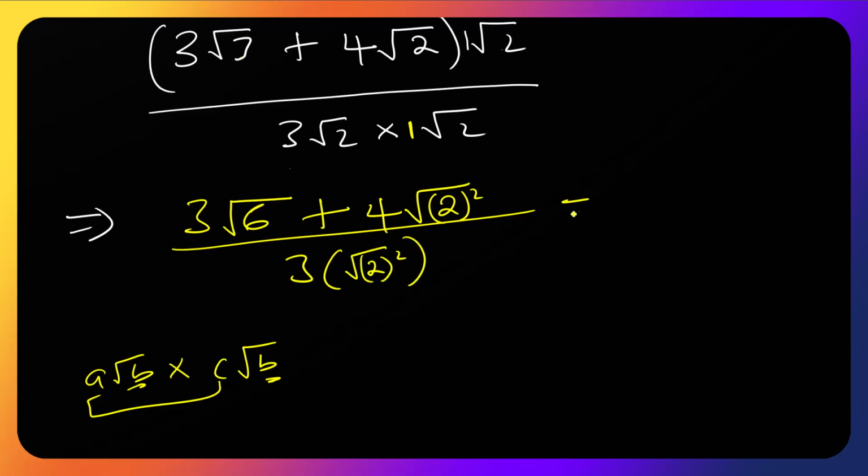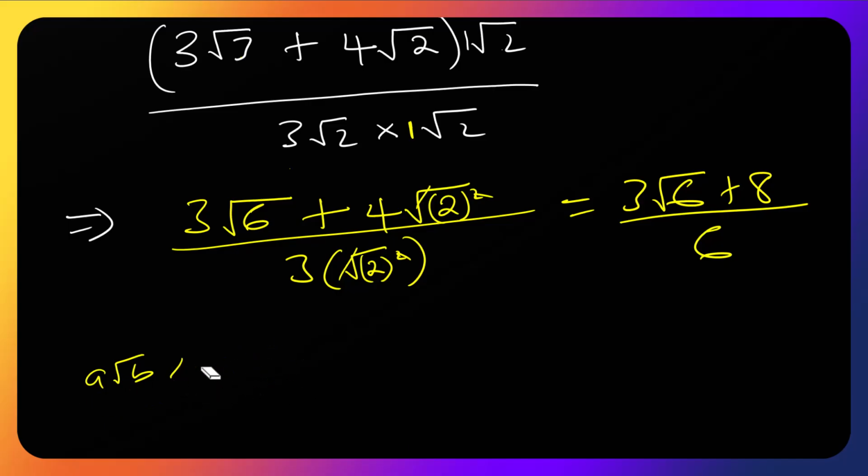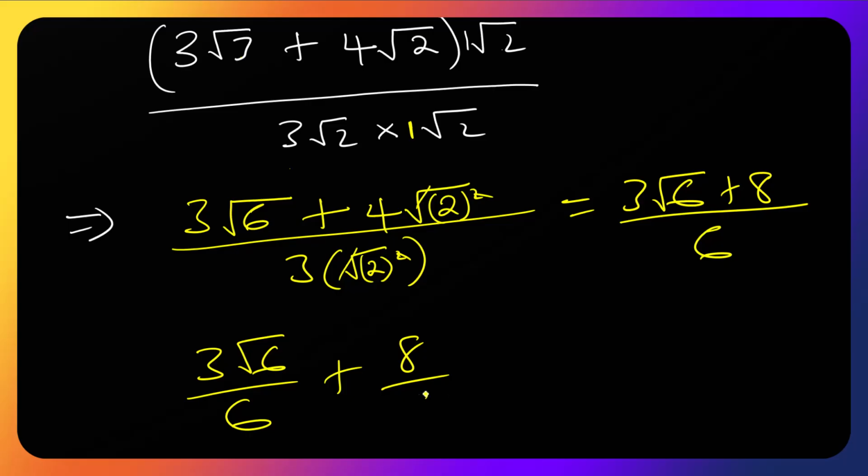Okay, so from here we have 3 root 6 plus, so this side will be 2, 4 to 8, and this side will cancel, 3 to 6. So we can write this one as 3 root 6 on 6 plus 8 with 6.